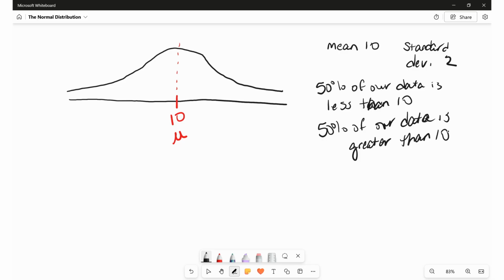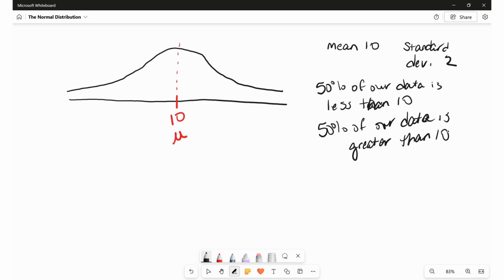Because remember, that's what the mean is. It is the midpoint. When we average out our data, this ends up being the middle number. And in a normally distributed data set, which is what we are told that we have, the mean, the median, and the mode are all three the same. So even the median of the data set is 10. So that means that half of your data is less than 10, half of your data is greater than 10. Just is the way it is.